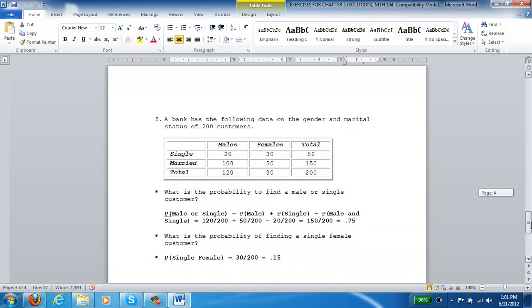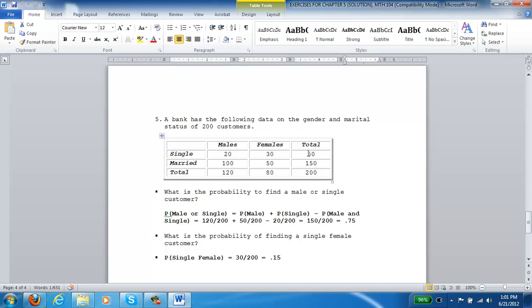Last problem, problem 5, we have to figure out how many females and males we have. We have 120 males, 80 females, 50 single, 150 married. So what is the probability to have a male or single customer?